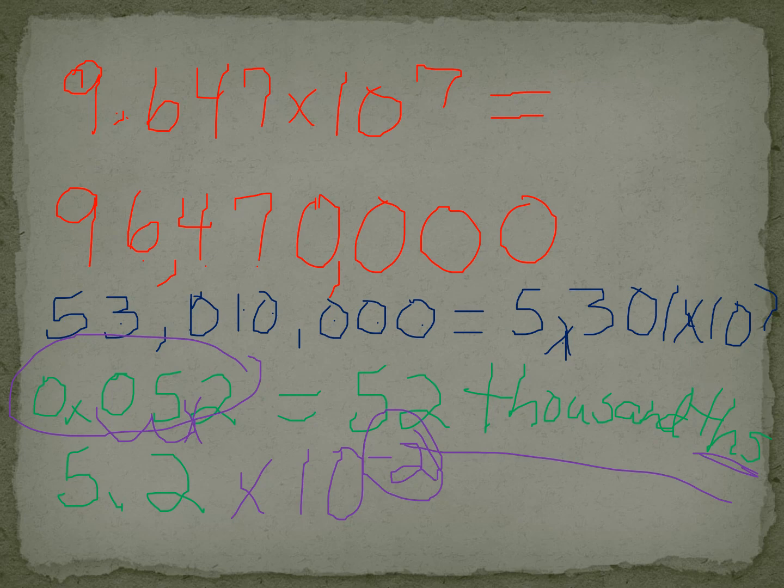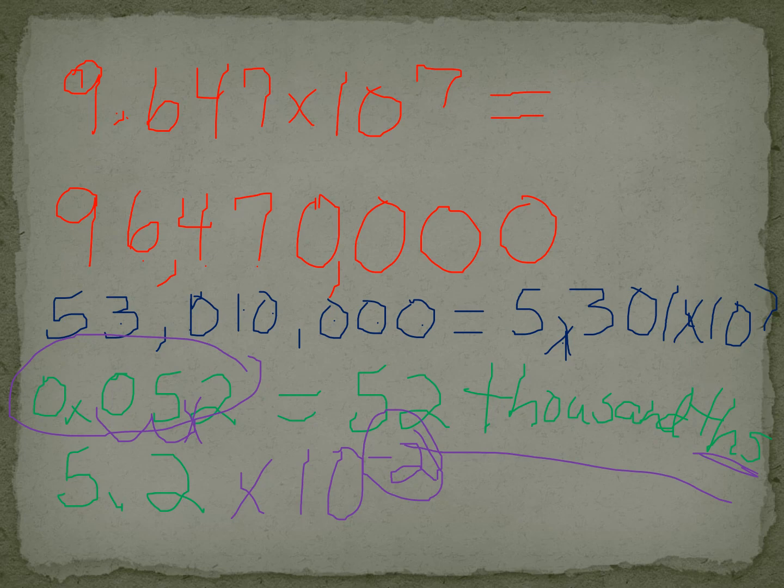I'm going to say 5.301. But how many place values am I to the right of my decimal? Right here is my decimal. Times 10 to the 1, 2, 3, 4, 5, 6, 7, times 10 to the 7th. Okay. All right.